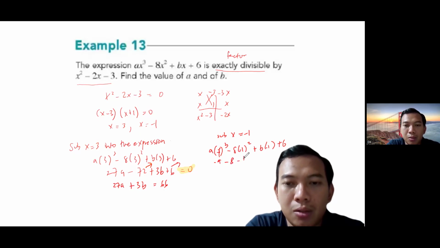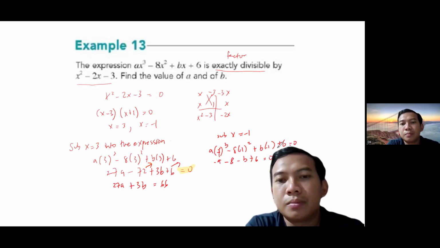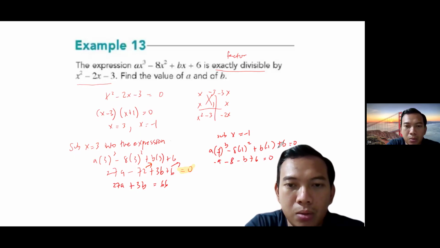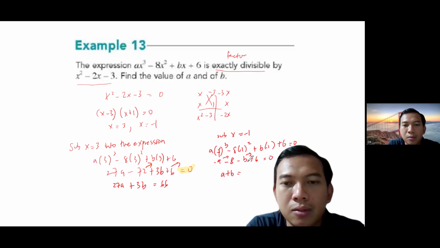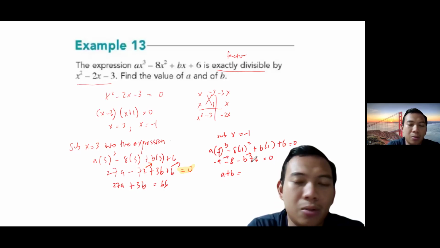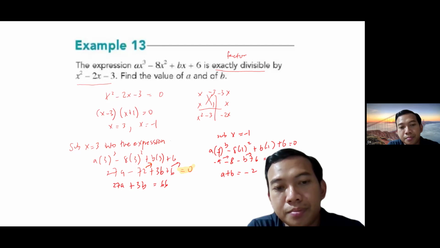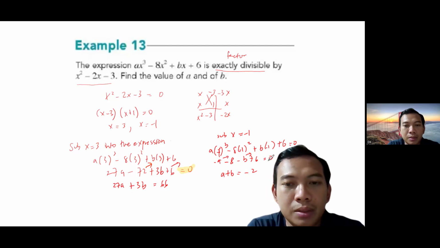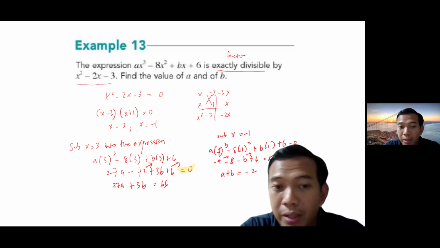Minus 1 times b is minus b, plus 6. Again, equals 0. Then I make it positive: a plus b on one side, minus 8 plus 6 gives minus 2. So we have a and b here.